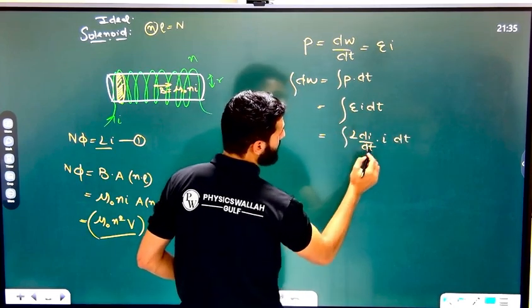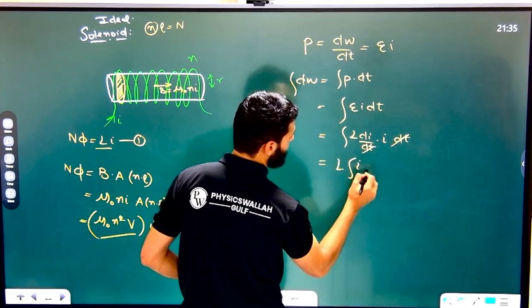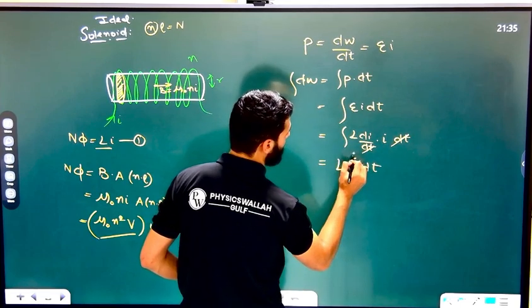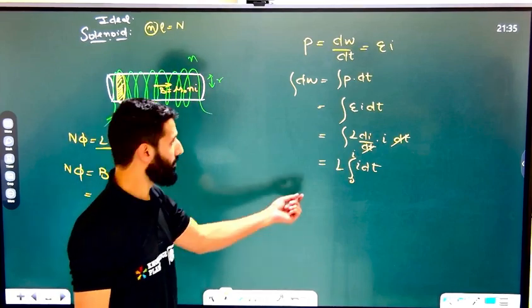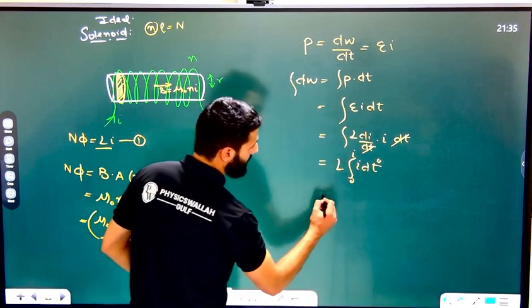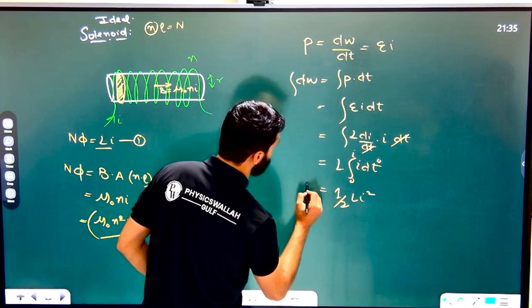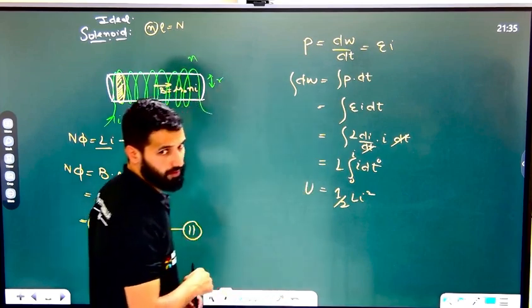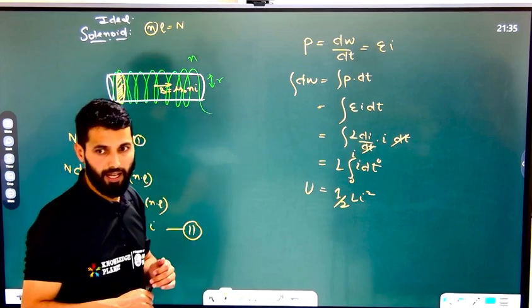The dt is gone, so I write L I di from 0 to I. It will be half L I square. This is for any inductor.